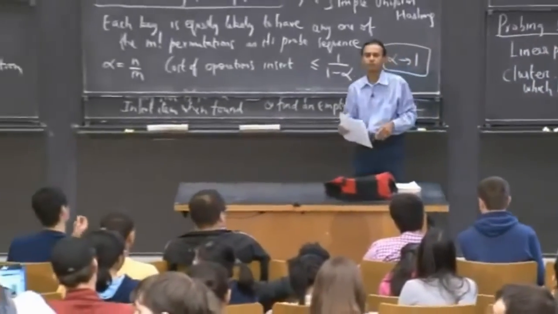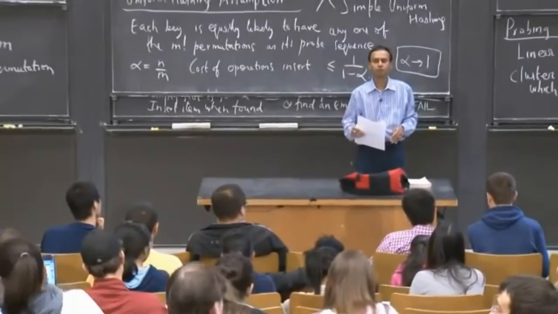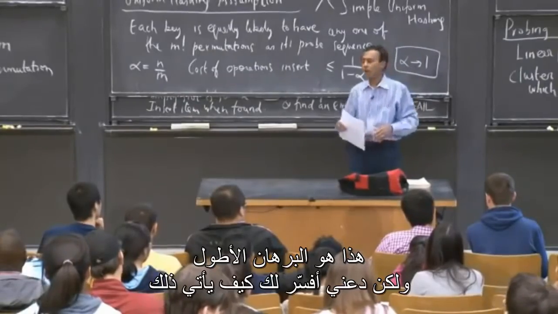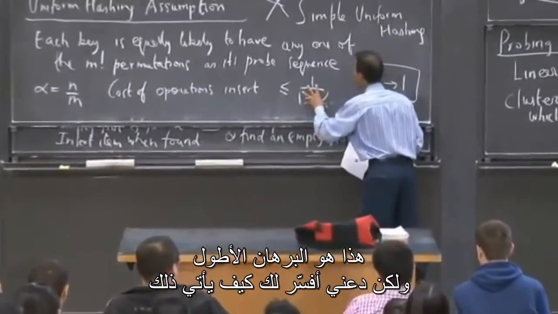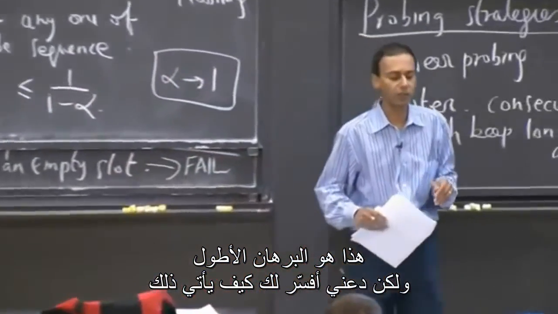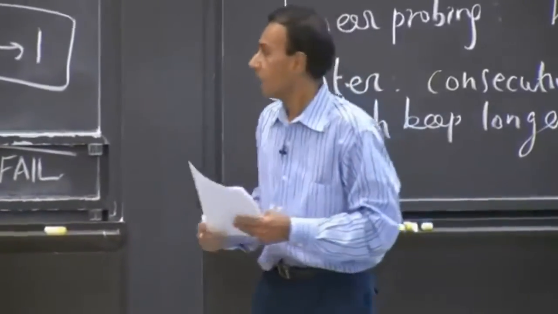Yeah, can you explain how you got the equation that the cost of operation insert is less than or equal to 1 over 1 minus alpha? Okay, so that's a longish proof, but let me explain to you how that comes out.